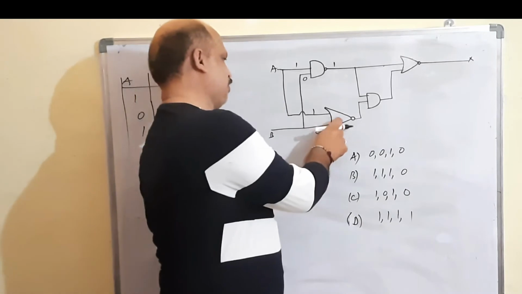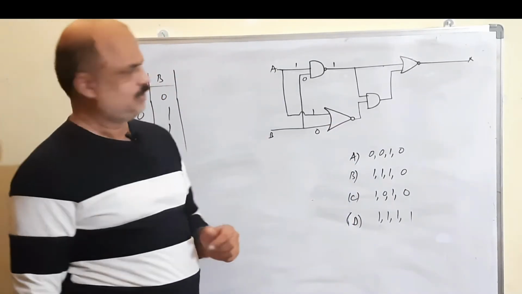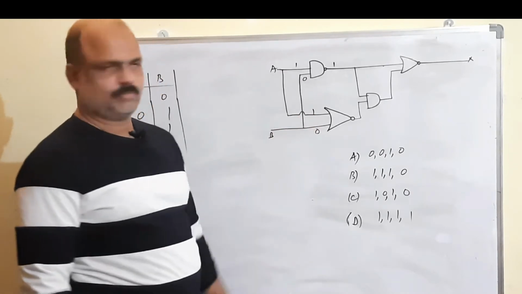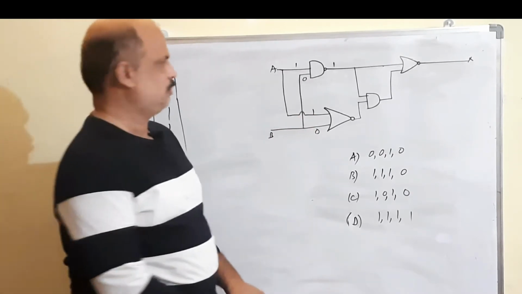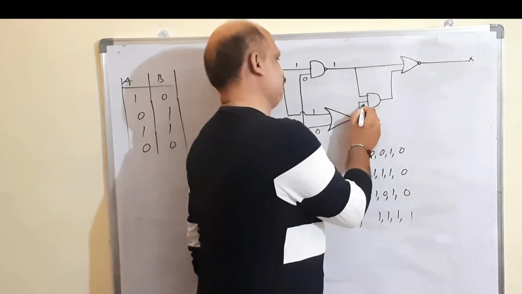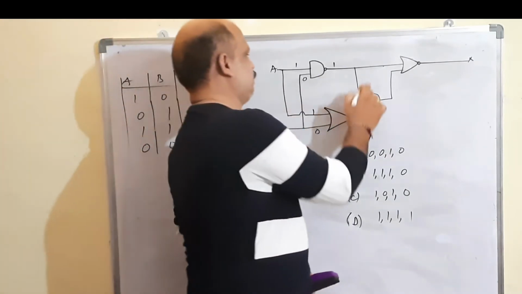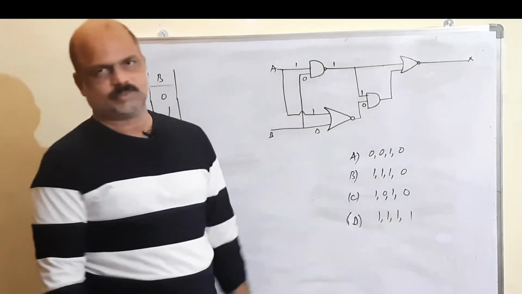Here this is a NOR gate, the reverse gate of the OR gate. Here 1 plus 0 is 1. Since it is a NOR gate, it becomes 0. And this input goes to this AND gate, and this one goes to this AND gate.